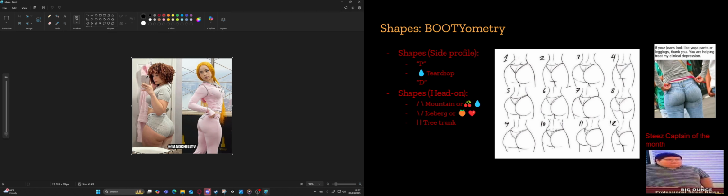Again, as you can tell, Ice before weight loss has a more mountain build, because it has a peak here and it gradually gets bigger as we move down the leg and go towards the cheek, right? Mountain type build. She also remains a D shape. So then we also have that D shape, right?